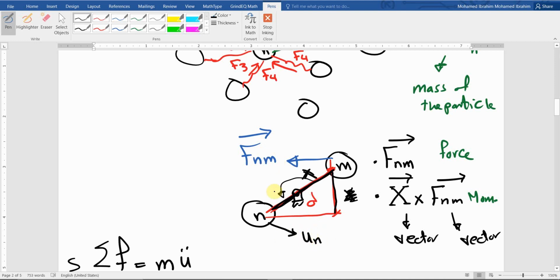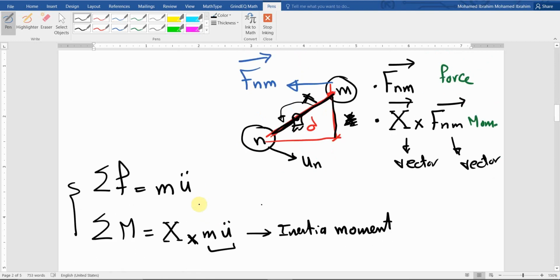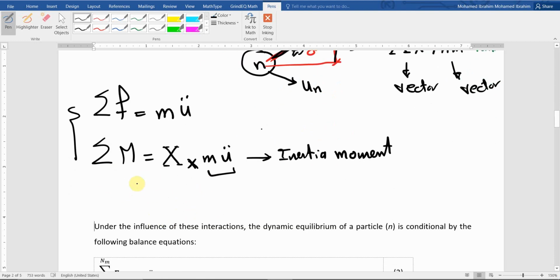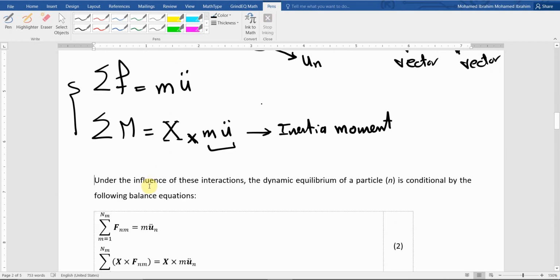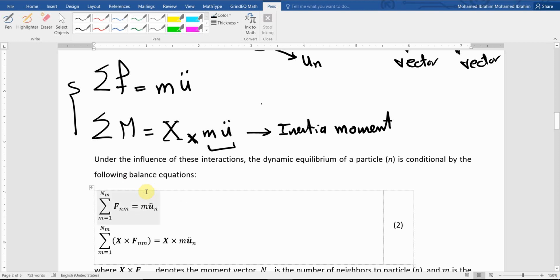Make sense? So that's why the dynamic equilibrium of the particle does depend on two quantities. It depends on the force as a direct effect, in addition to the moment due to this force as an indirect effect of the same force. Make sense? So that's why these two equations are the equations that form the dynamic equilibrium in general for any particle belonging to a system of particles.